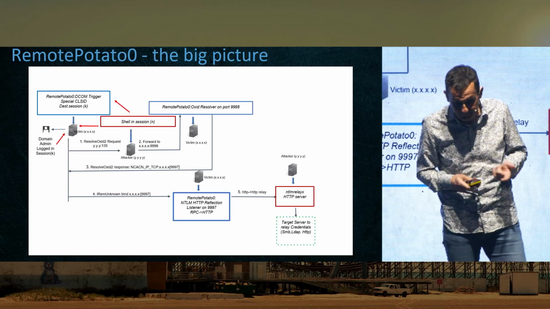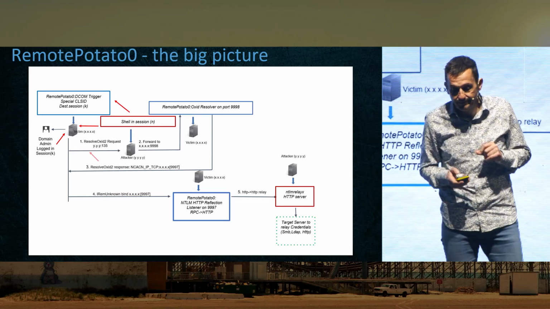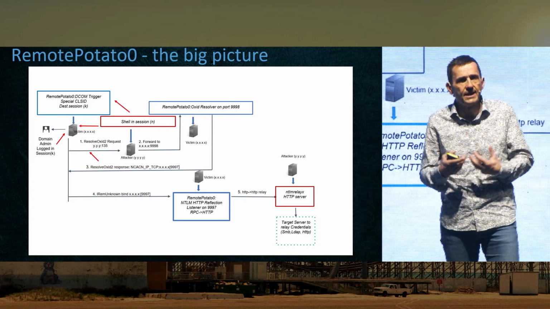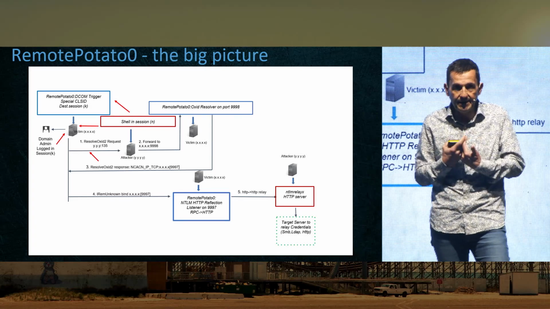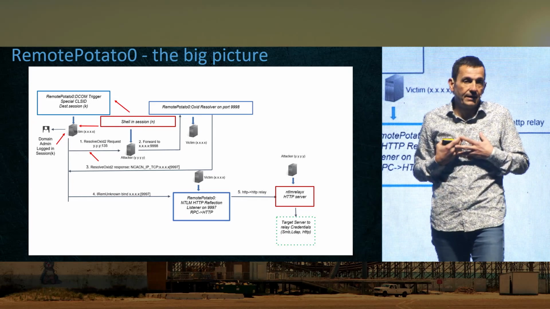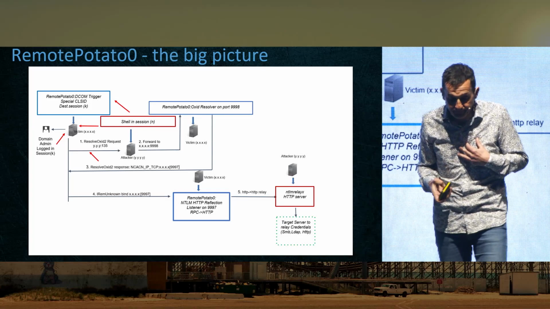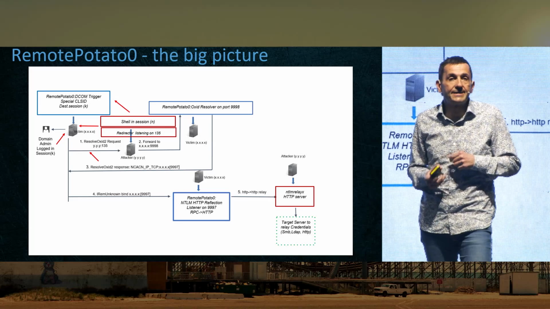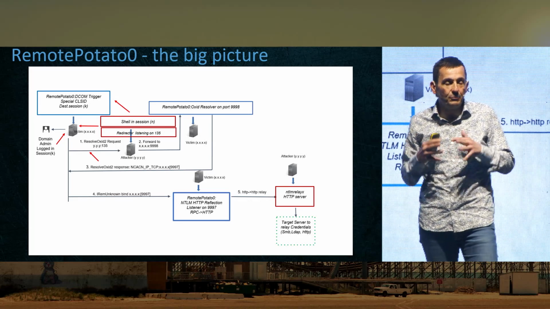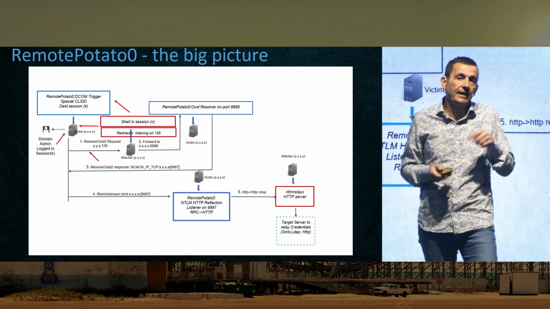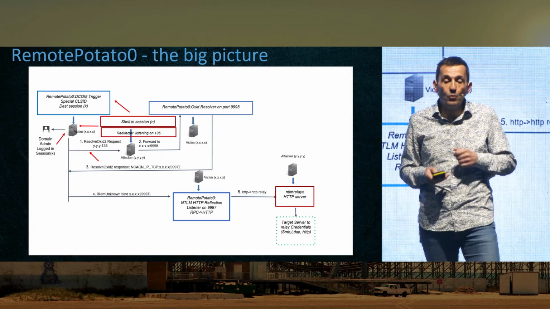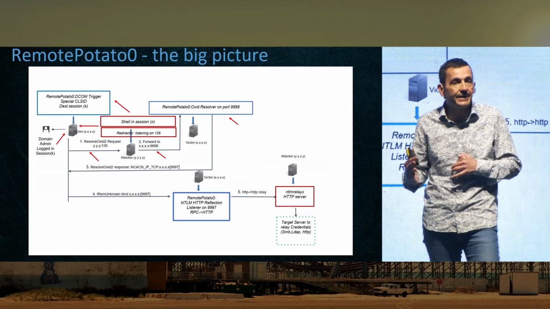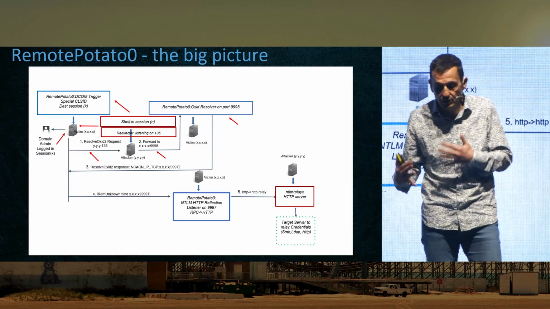When this occurs, as Antonio explained to you, when the activation occurs, a ResolveOxid request is made to our local server, our local attacker machine. We intercept this request and we simply forward it again to the victim machine where our fake Oxid resolver is running, by specifying the IP address and the port where the fake Oxid resolver is running.